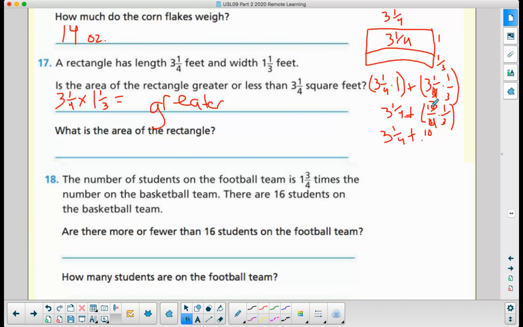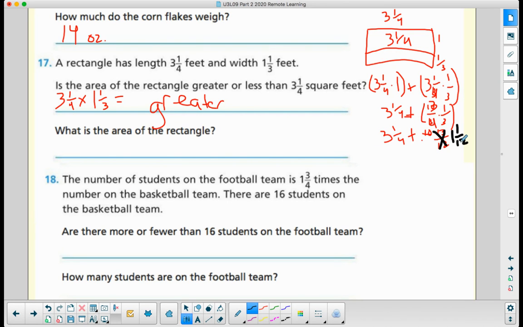Sorry, 13 times 1 would have been 13/12. So 3 1/4 plus 13/12. Well, 13/12 is equivalent to 1 whole, which is 12/12, plus 1/12. So I'm going to convert 13/12 to 1 1/12.